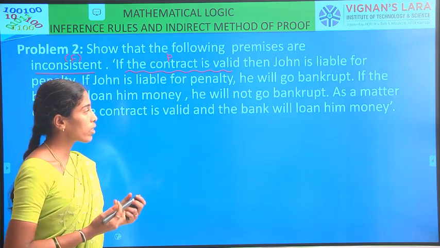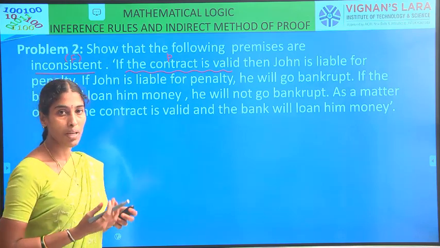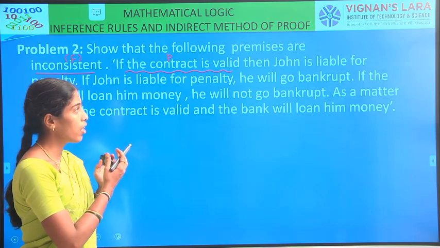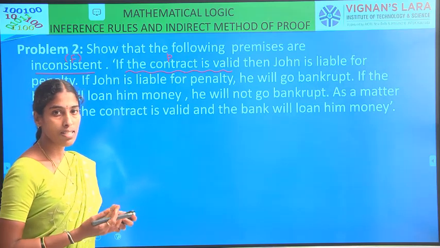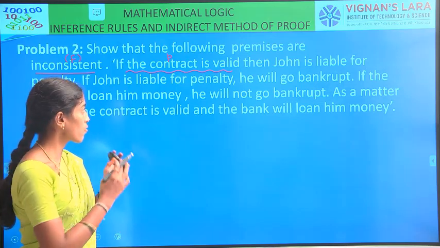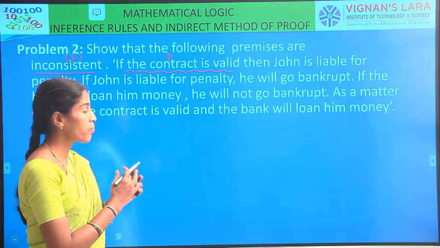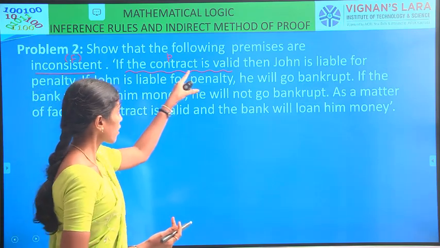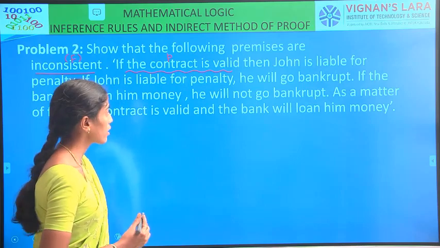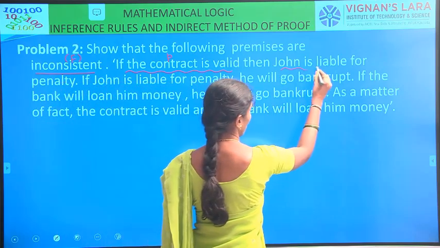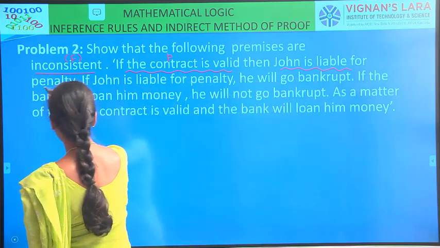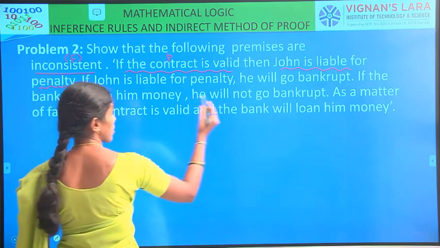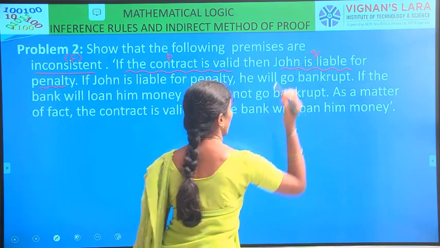After that we need to derive whether the given set of sentences is consistent or inconsistent. So first we denote the given set as premises. The contract is valid is represented by P. John is liable for penalty is represented by Q.